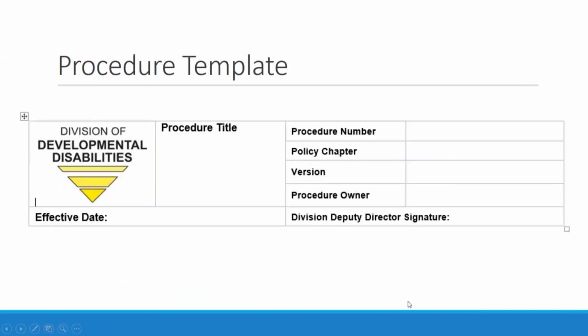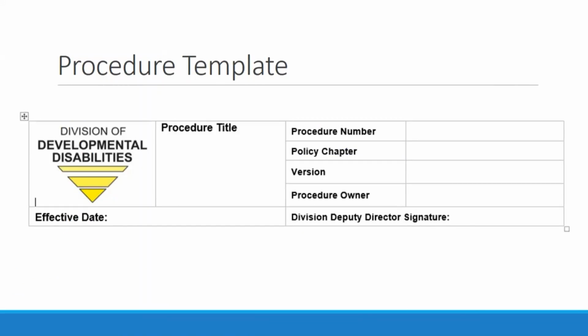Okay, so let's take a deeper dive into the actual template, because this is where I'm getting a lot of questions and people are excited to start getting some things on paper and utilizing this. So let's talk a little bit about the different sections of the template. So this is your header section. Your effective date is the date that this procedure becomes effective.